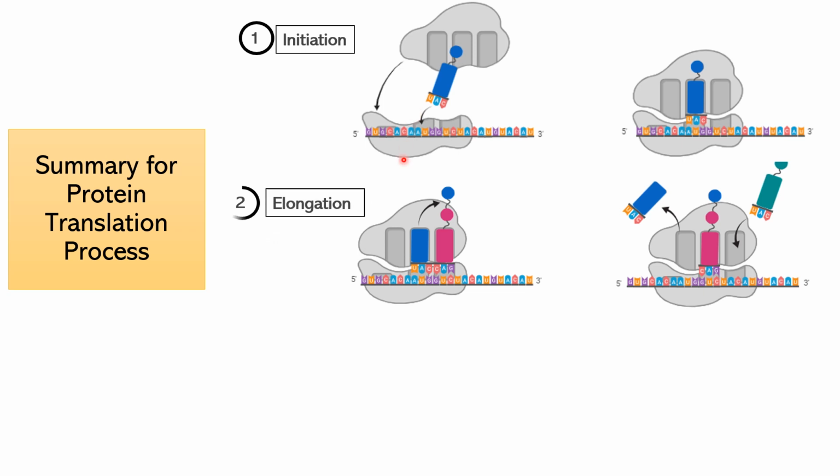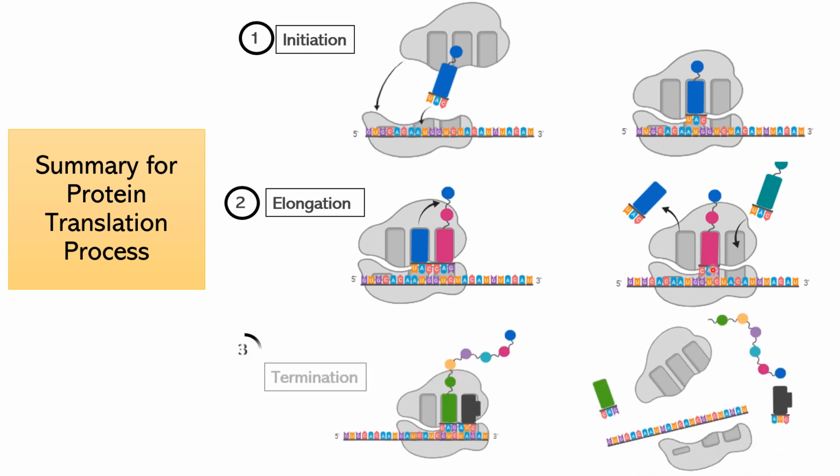In the second step, elongation, the new tRNA binds, the amino acid is cleaved from the old tRNA and bound to the new tRNA, and the old tRNA exits the complex. The last is termination, where the ribosome reaches a stop codon, the release factor binds to that stop codon, cleaves the polypeptide chain, and everything is dissociated from the mRNA.